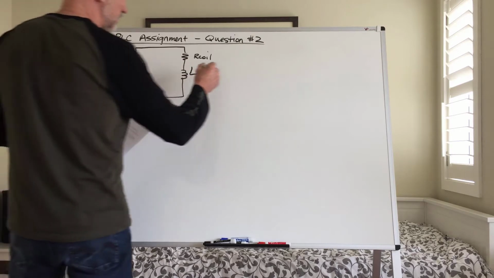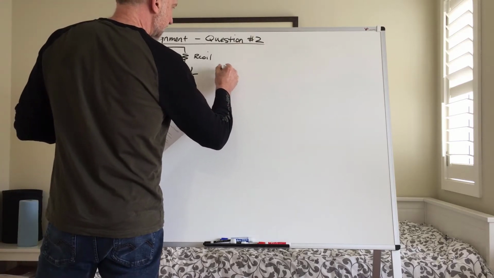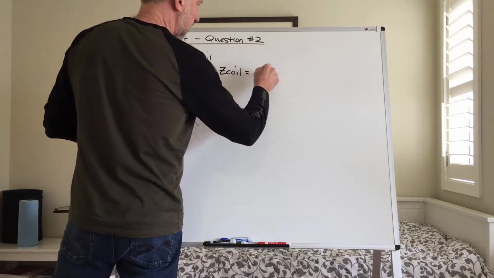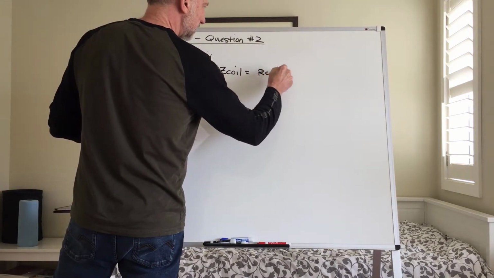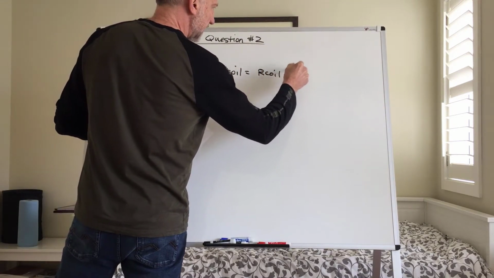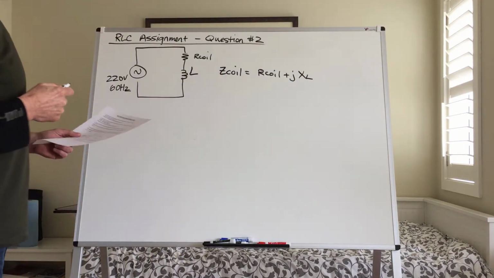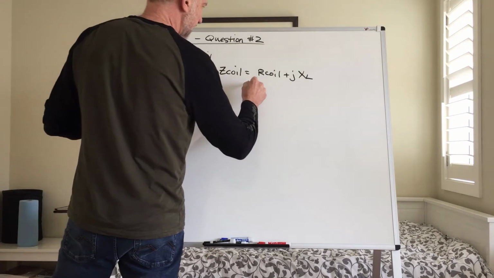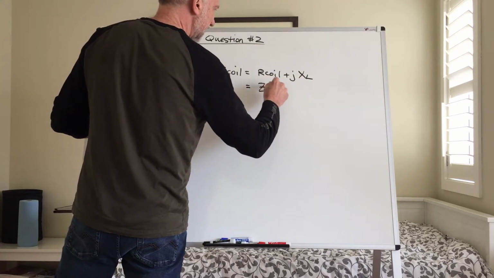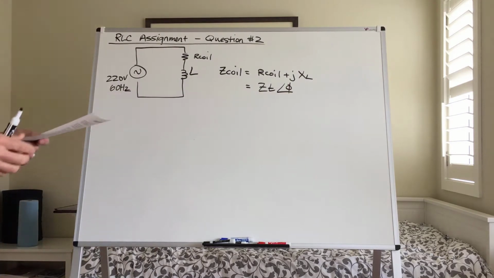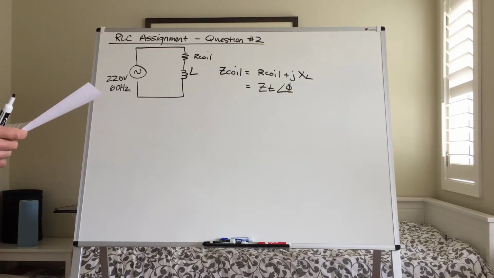That means that our total impedance, Z coil, would be equal to R coil plus jXL. That would be our total impedance. That also could be represented as Z total at angle phi, or Z coil at angle phi.